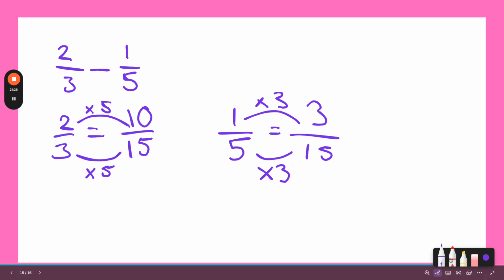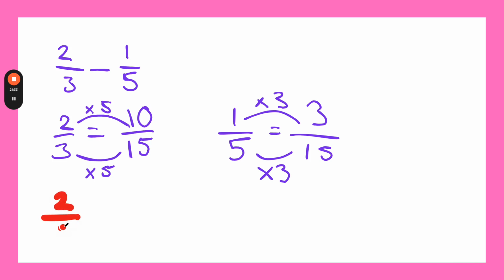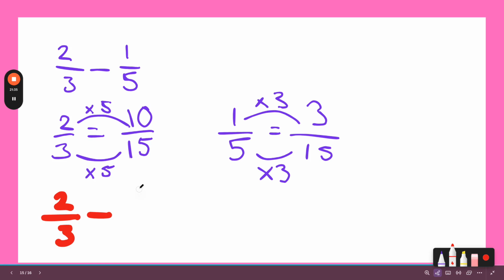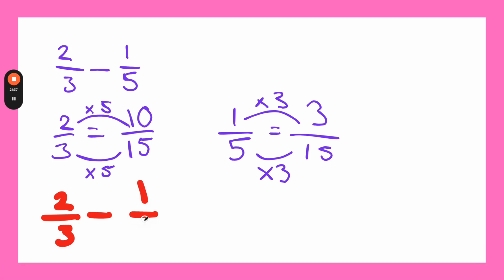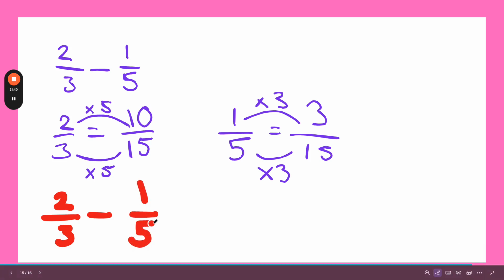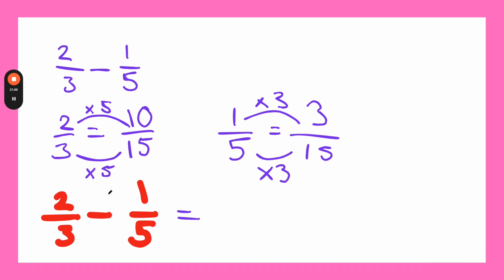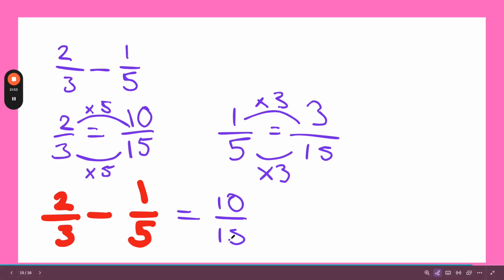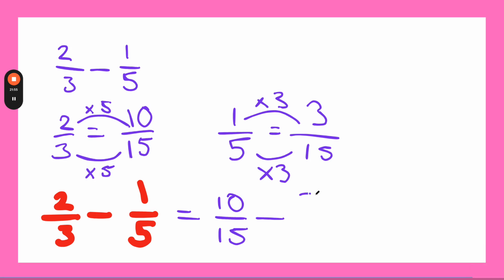So we can write the above problem, 2 over 3 minus 1 over 5, as 10 over 15 take away 3 over 15.